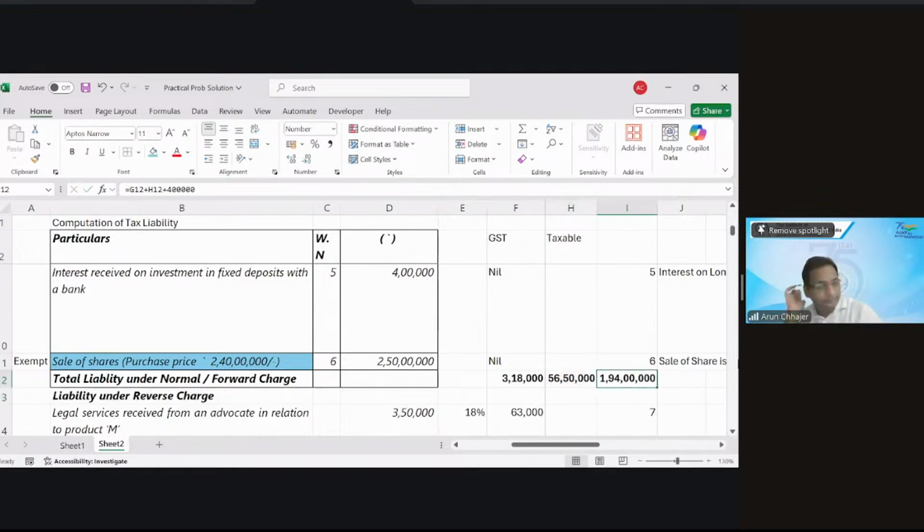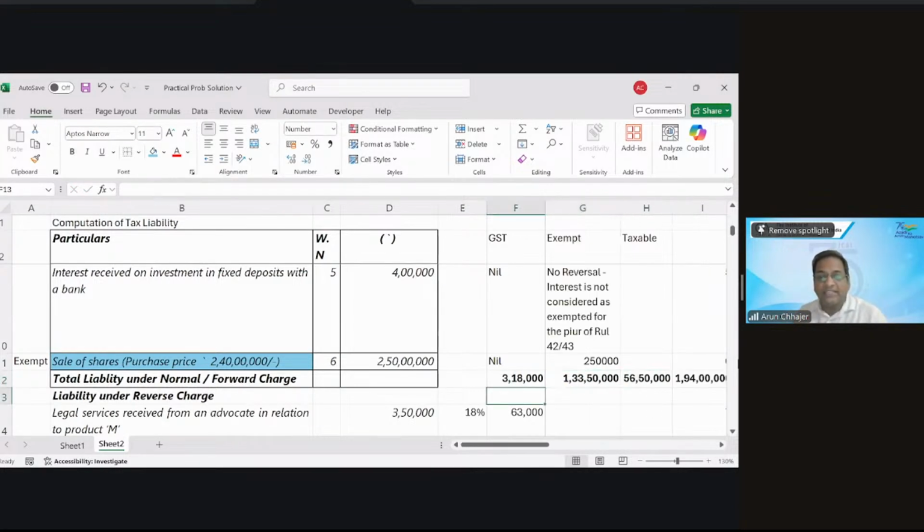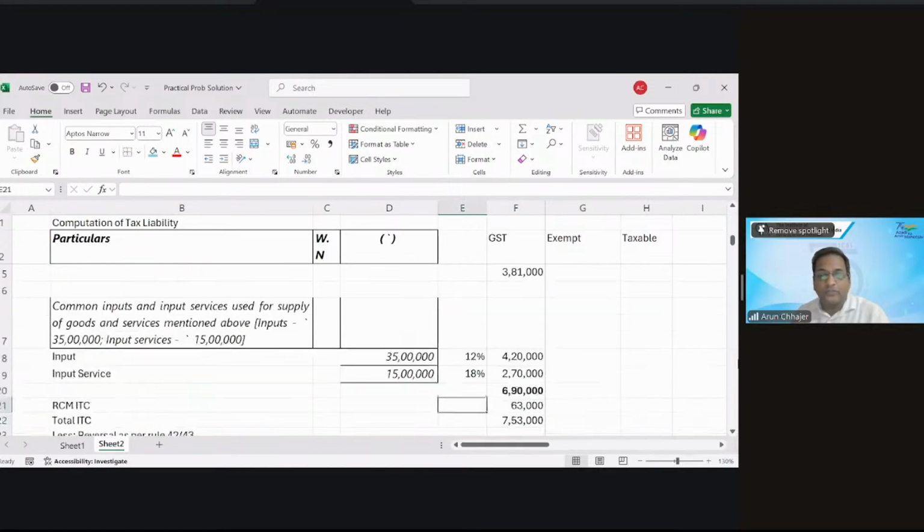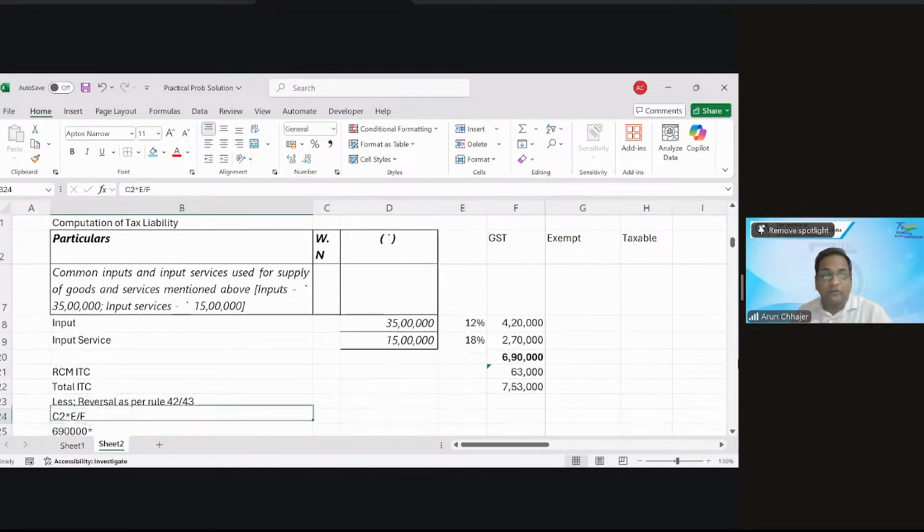Okay. So what is the ratio? The ratio comes to reversal of rule 40 to 43.